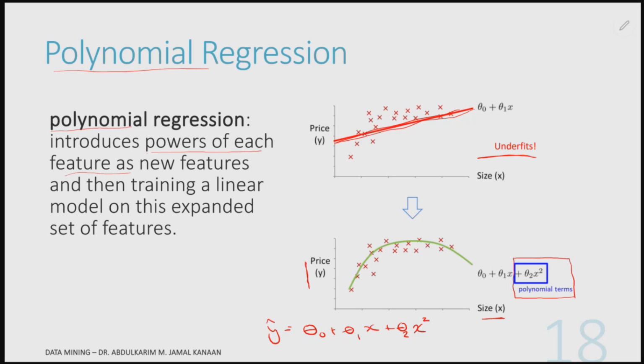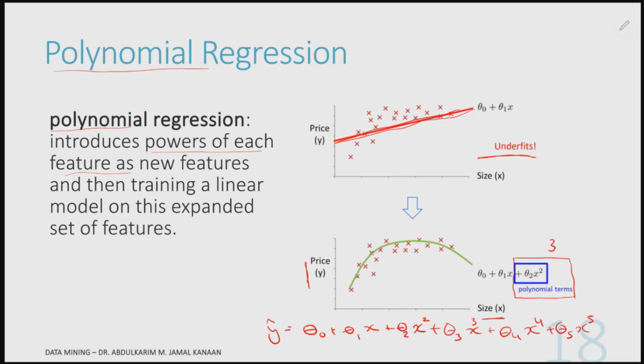And if you introduce the power of 3, it becomes 300 features, with theta 3 x to the power of 3. Here we just took the power of 2. Is it possible to introduce power of 4, power of 5? Yes, possible.